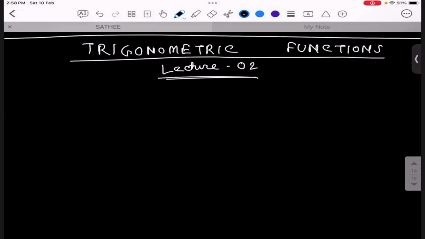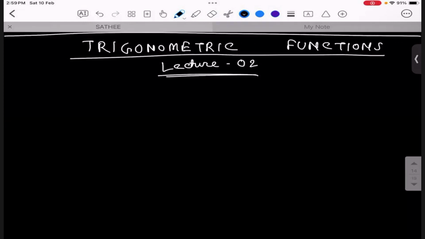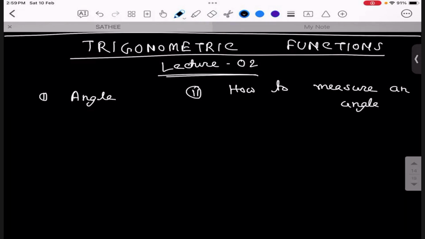Okay, so in the last class we have discussed some angles, and how to measure an angle. We have discussed two types of measurement.